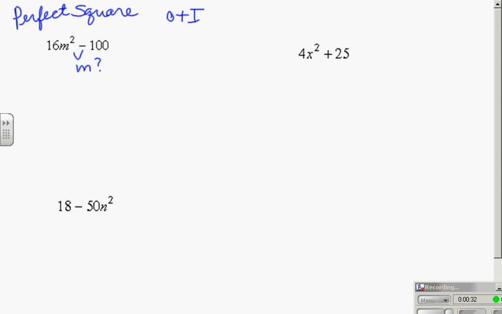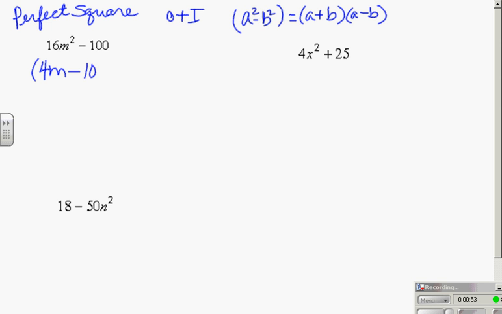Well, why is that? Let's go back to the rule. The rule for perfect squares says a squared minus b squared will always factor into a plus b times a minus b. And so the square root of 16m squared is 4m. The square root of 100 is 10, and 4m plus 10.